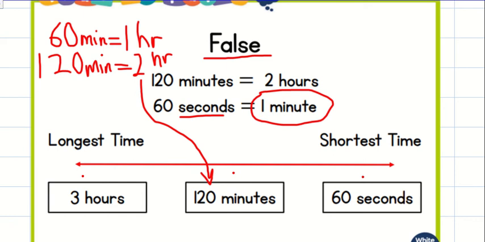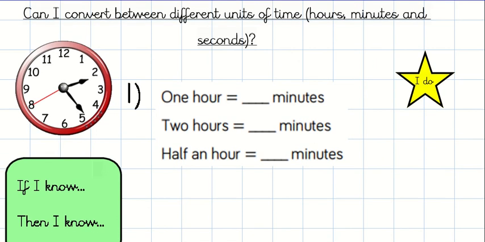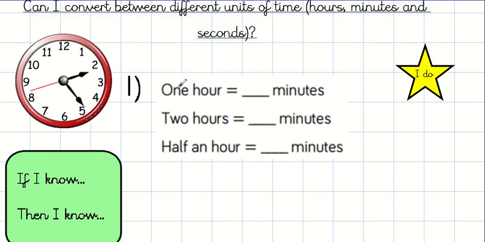Let's have a little bit more practice before you do some independent tasks. So here we go. We know that 1 hour is 60 minutes. And we just worked out by using our doubling that if 1 hour is 60 minutes, then 2 hours, I've got to double my minutes, is 120 minutes. Now you could use your 6 times table to help here.